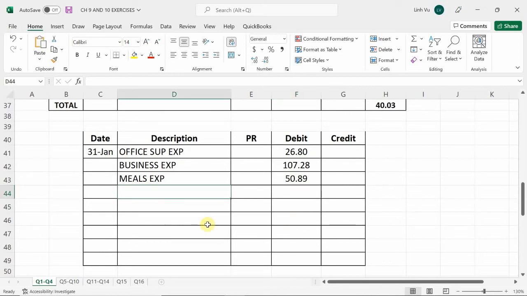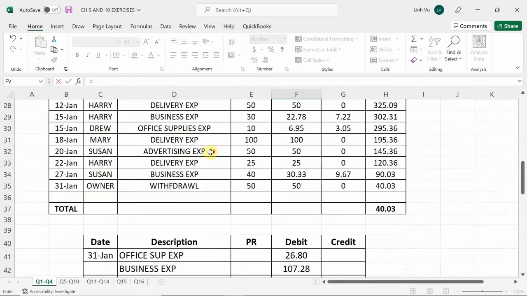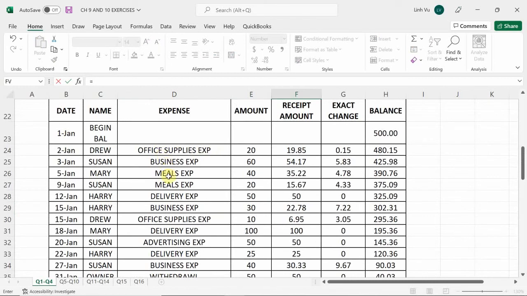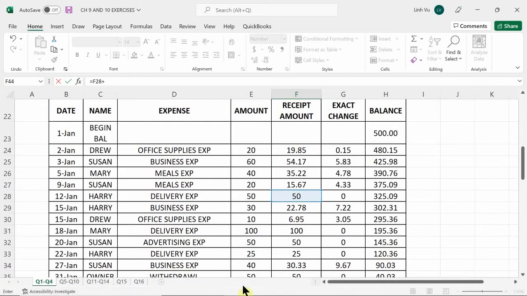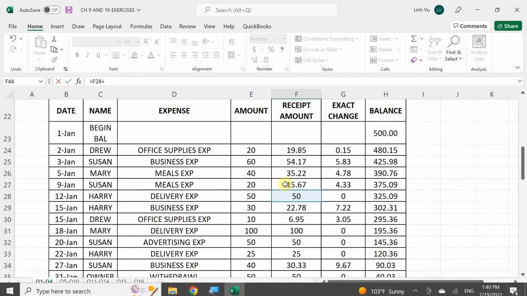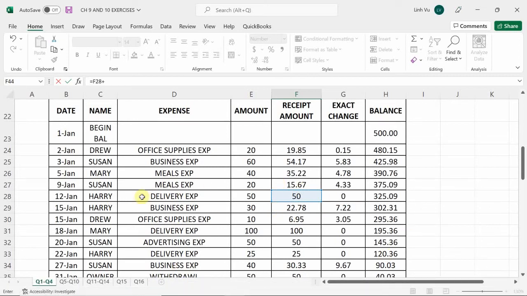Delivery expense. It's $175. Let's take a look. Our first delivery was done by Harry for $50. Then we got another delivery by Mary for 100.